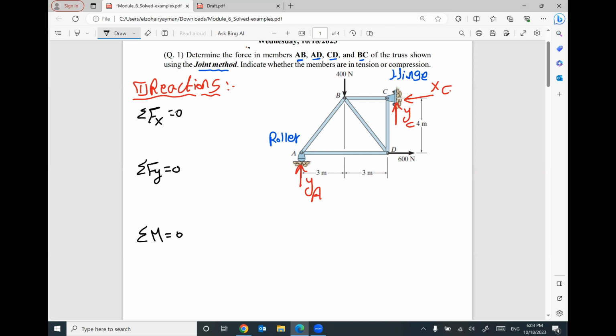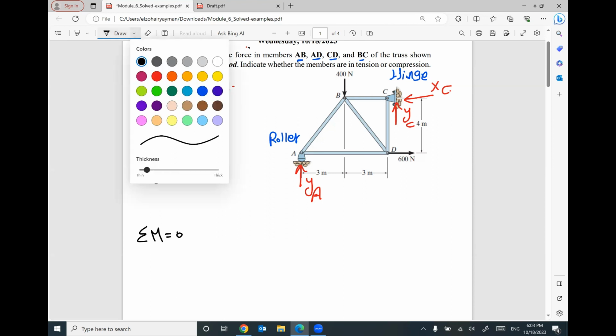So no excuse at this moment that you are still struggling in calculating reactions. First of all, you need to figure out what types of supports you have. Then you need to put your reactions. Then you need to apply your equilibrium equations. Three equilibrium equations for reactions.